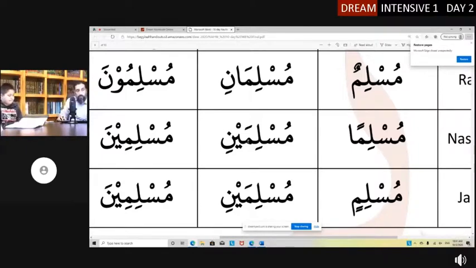In Muslimaini, write 2N. And Muslimaini again, write 2J. Last one. Muslimuna, I want you to write 3R. Then the next one, 3N. And this last one is going to be 3J.